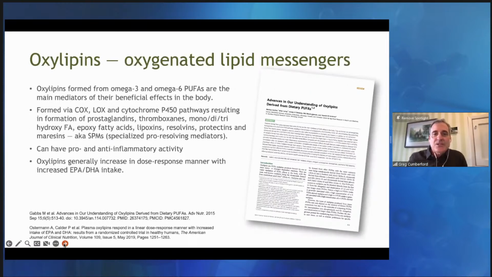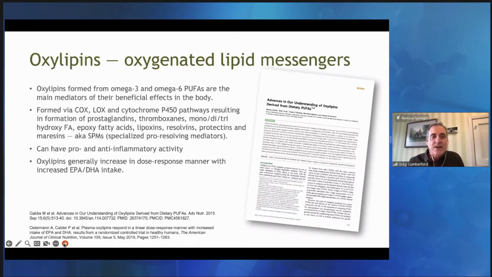And this just touches on a topic which could be an entire presentation in itself. When we're talking about oxylipins, there's a growing body of important research recognizing that these oxygenated lipid messengers are really the main mediators of the dietary omega-3 and omega-6 PUFAs that we take in to our bodies.